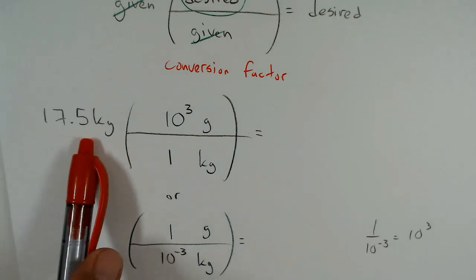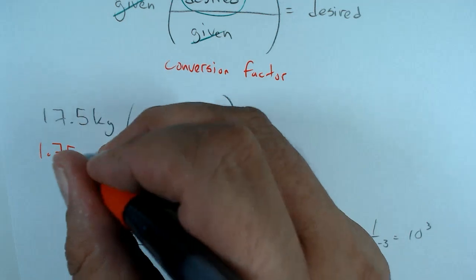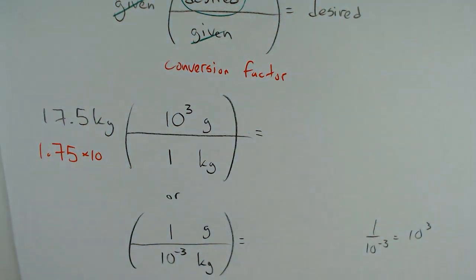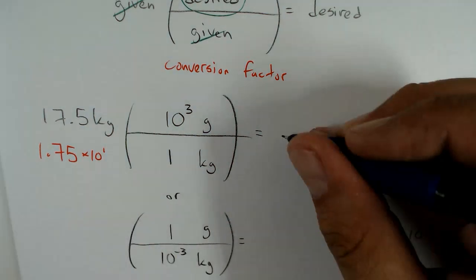It would be 1.75 times 10 to the 1 or 2? 1. Yep. So then when you're doing the math here, it's 1.75 times 10 to the 1 times 10 to the 3. So what does that equal to?